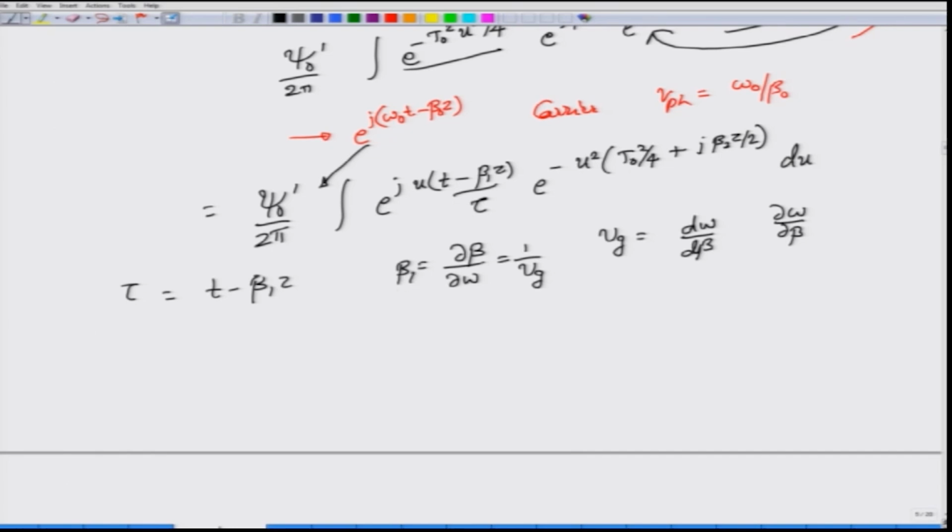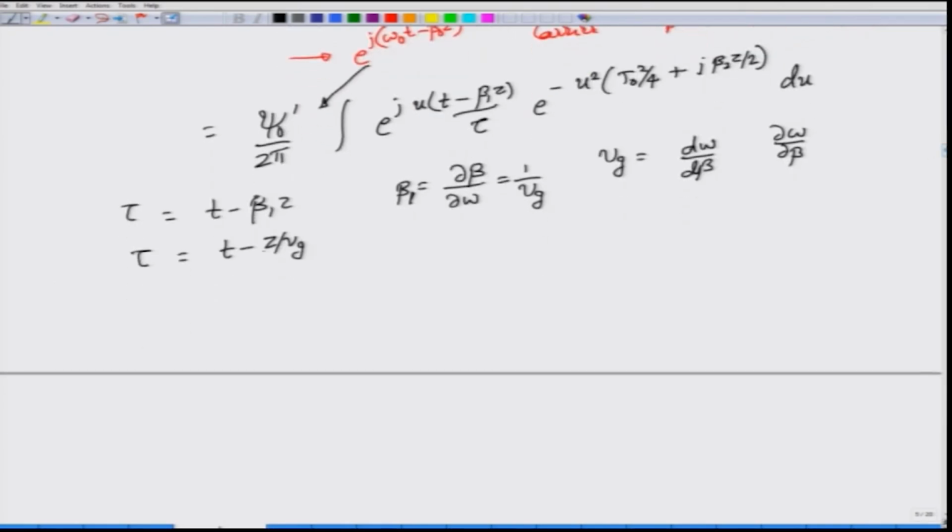So, beta 1 is inversely proportional to Vg, and you can write this as t minus z by Vg. What you can see is that the Gaussian pulse arrives at a velocity which depends on the group velocity, not on the phase velocity. The carrier would arrive at the phase velocity, whereas the pulse would arrive at the group velocity.